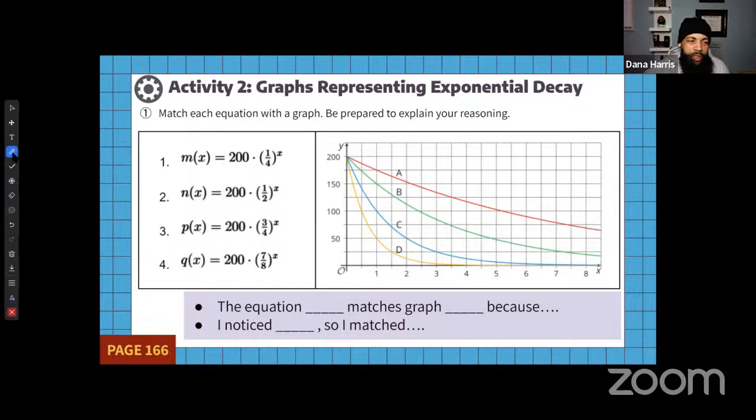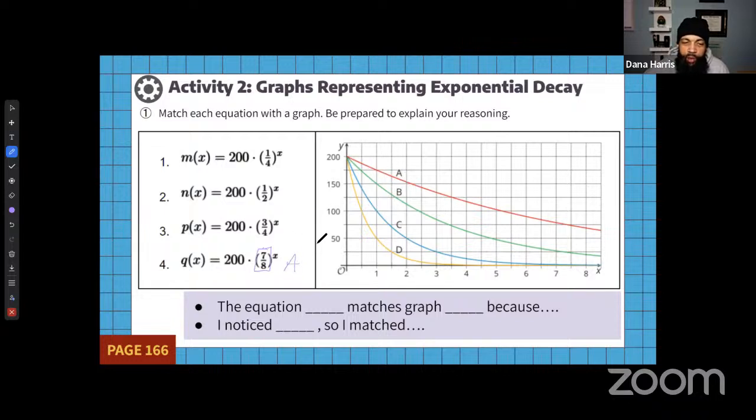Based upon what we learned in the previous example, which one has the largest fraction as a growth factor? That's going to be number 4. So that is going to decrease the least amount each time.